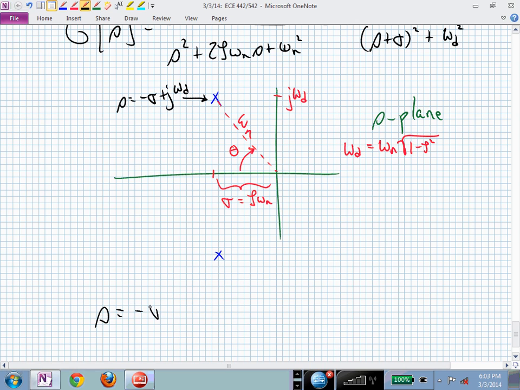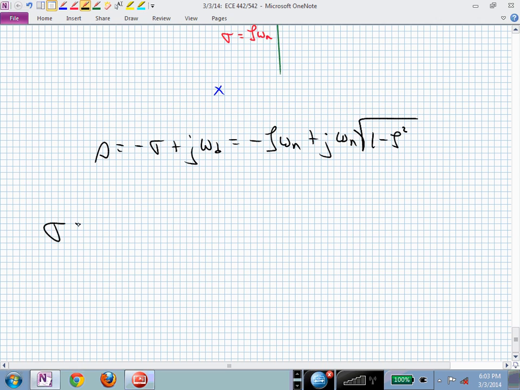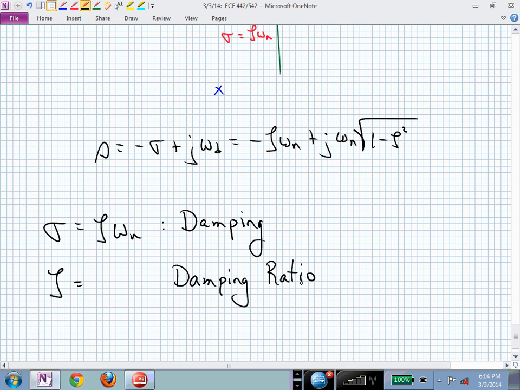We could write it in terms of this damping ratio zeta and natural frequency omega sub n. Terminology-wise, sigma is what I'll call the damping. Zeta, this Greek symbol, is the damping ratio.